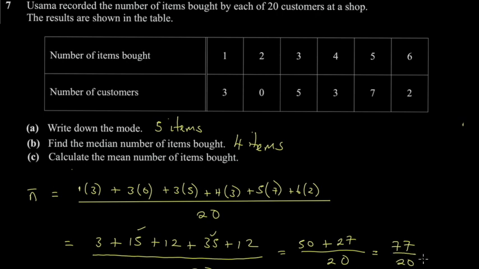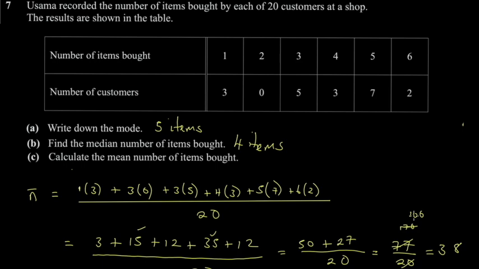77 over 20 is equal to what? So 20 into 77, into 60 you get 3, and remainder 17, into 170. 20 into 170, into 160 you get 8. Remainder 10, right?